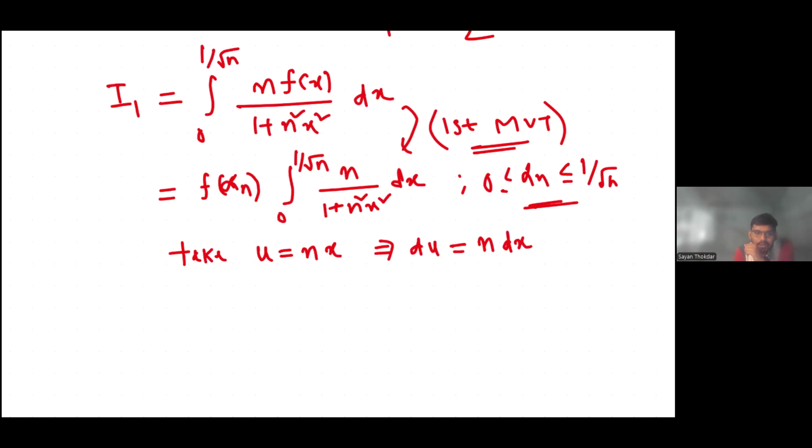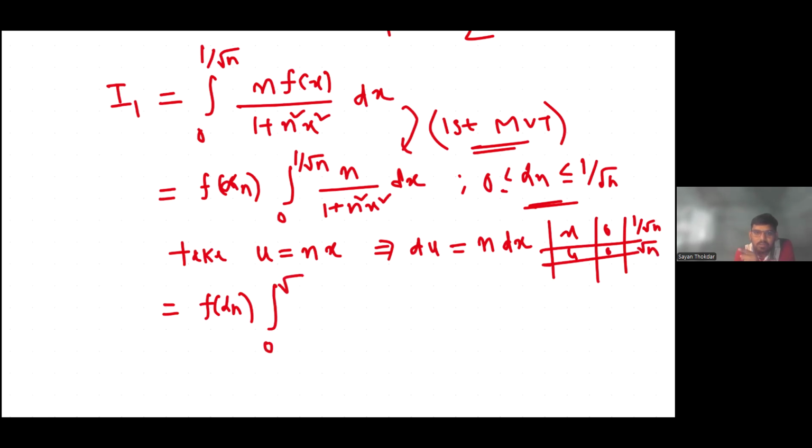Now for the limits of x: if x has limits 0 to 1 by square root of n, then for u the limits will be 0 to square root of n, since n times 1 by root n is root n. So n dx will be substituted by du, and nx will be substituted by u.